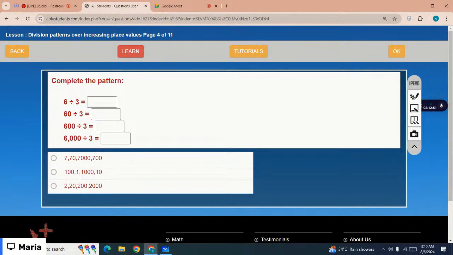Okay, complete the pattern. 6 divided by 3, 60 divided by 3, 600 divided by 3, and 6000 divided by 3.